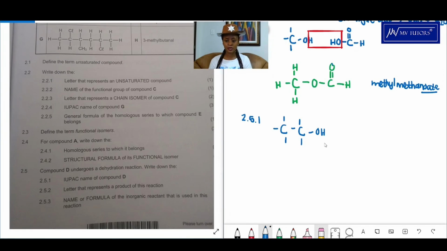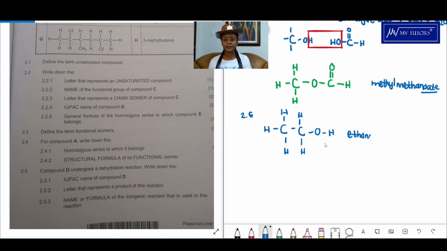Let's just say this is 2.5. So this is the structural formula for it, with the hydrogens. The correct way to draw a structural formula for an alcohol is to make sure the O and the H also have their own bonding line. So this is ethanol.